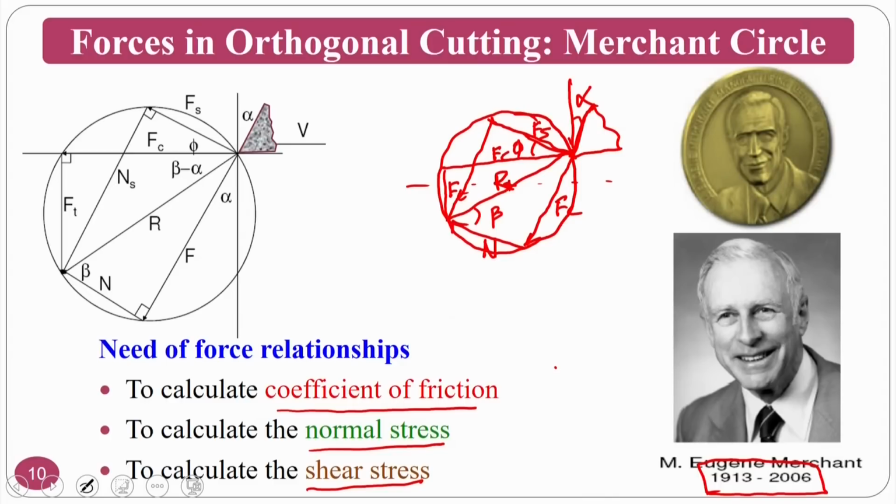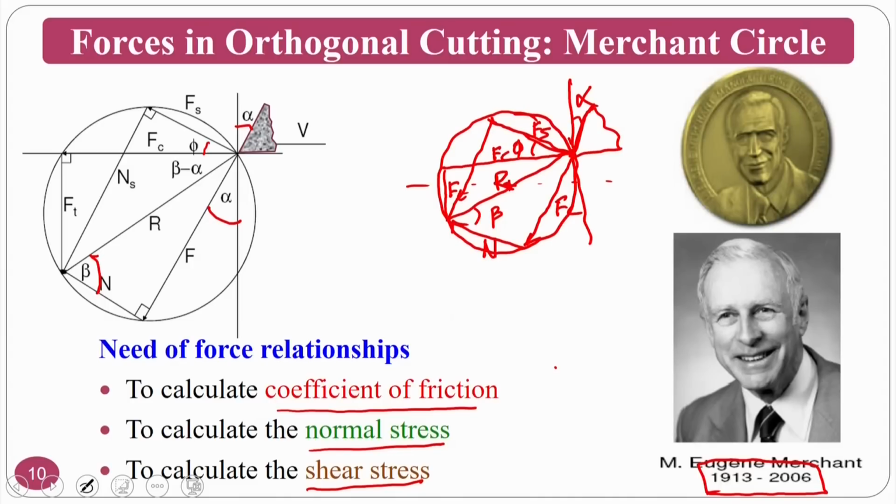So from the geometry or the trigonometry, you can calculate other angles. If you see, this also becomes alpha, as you can see here, these two alternate angles, and this is phi, that is the shearing angle. This is beta, which I am already explaining to you, that is the frictional angle.